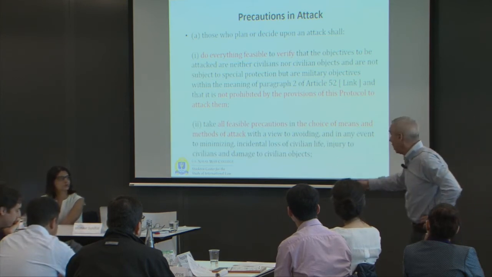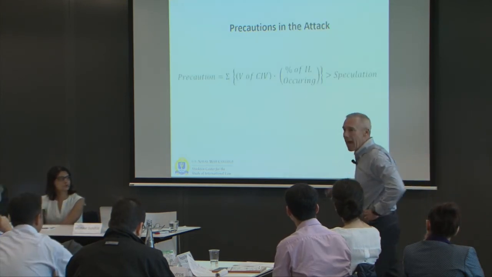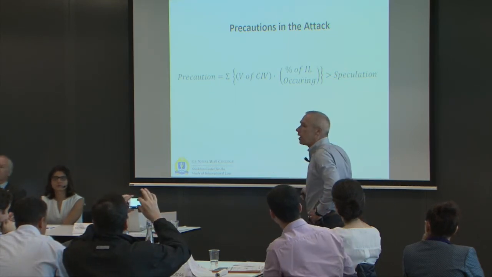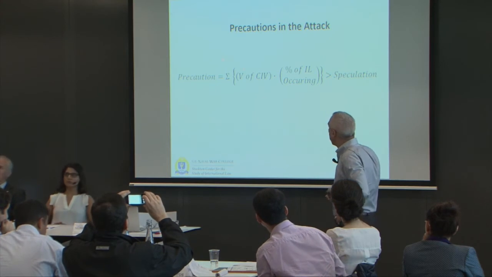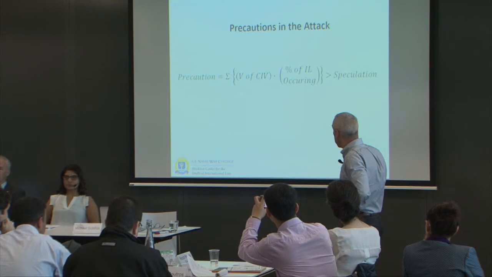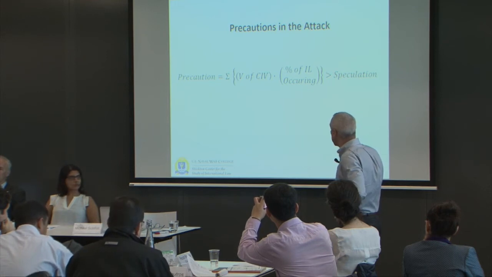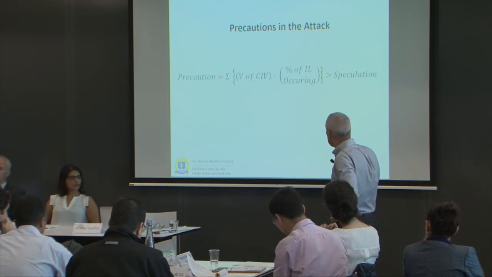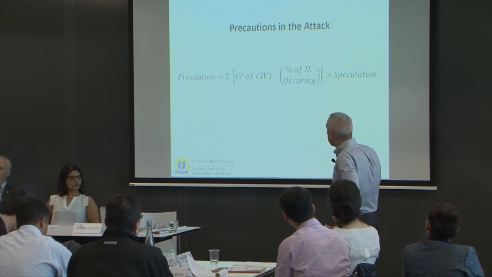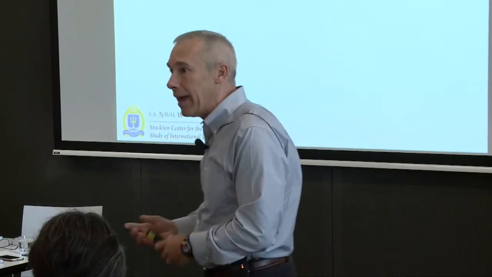It's already been explained better than I can do by Sahir. That one's easy, and this is it. Do you have to take precautions in effect? Well, what you have to ask is, here is our formula for incidental injury. If the incidental injury is more than mere speculation, you calculate all the likely incidental injury. If it's more than mere speculation, you must take precautions in effect. Why?